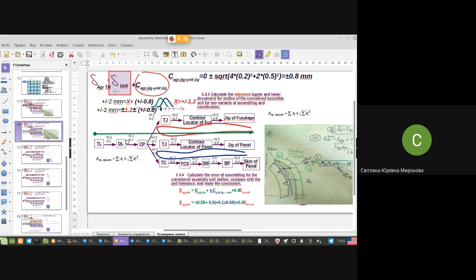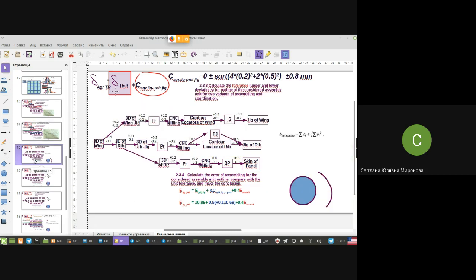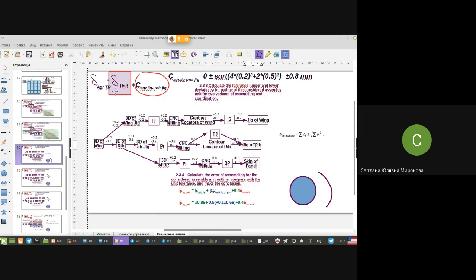So we are staying at the same assembly method, we are still inside the assembly method of skin, but we are changing the approach to coordination. Look at this. Now, instead of skin of panel, jig of rib, great. Why panel? Skin of panel. So, jig of panel must be then.